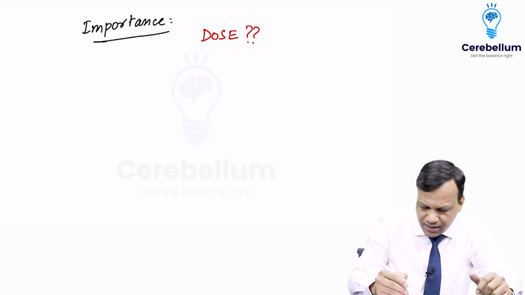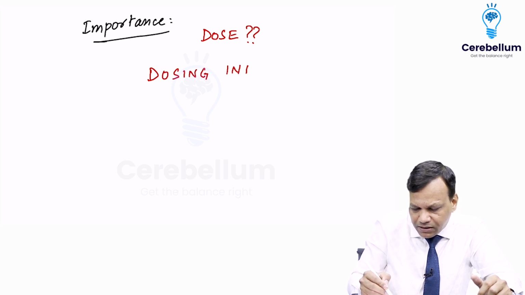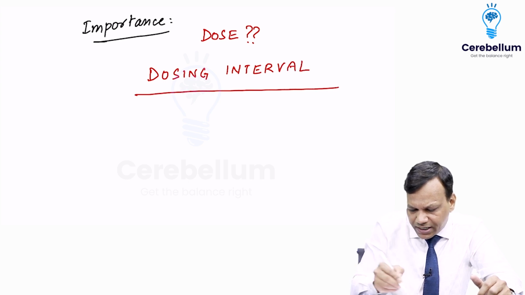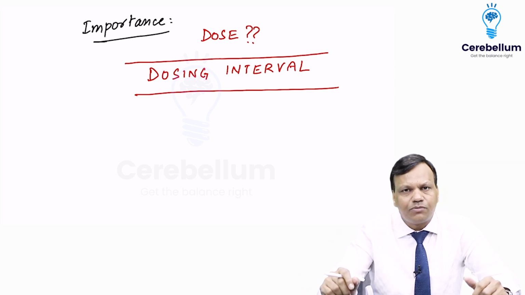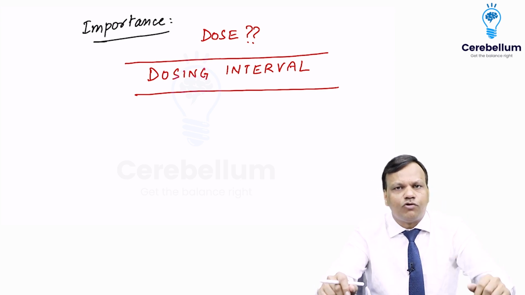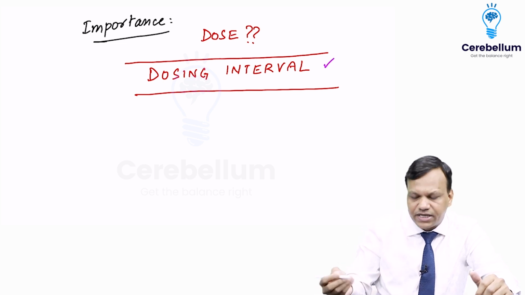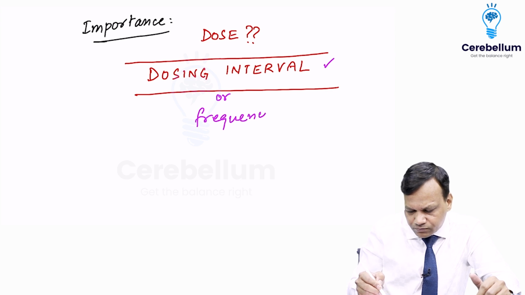Then what does half-life tell? It tells the dosing interval. Half-life does not tell about dose, but it tells about dosing interval. So half-life cannot tell that we need to give 10 milligram or 100 milligram, but it can tell that we need to give twice a day or thrice a day or 4 times a day. So dosing interval is also known as frequency.